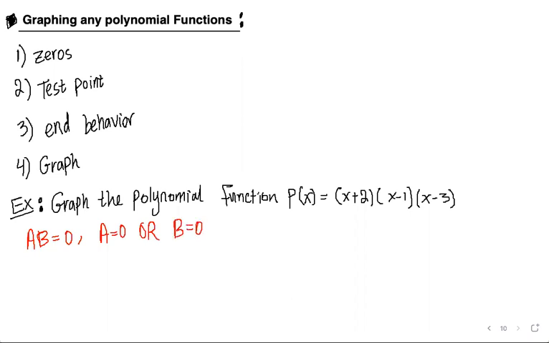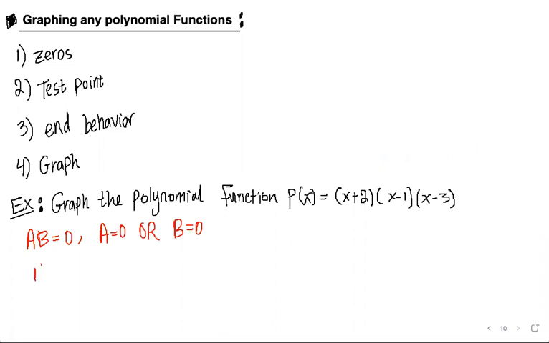The same here, we have a, b, c. If x plus 2 equals 0, then x equals minus 2, like Mobin said. The same, x minus 1 equals 0, then x equals 1, and x minus 3 equals 0 means x equals 3.